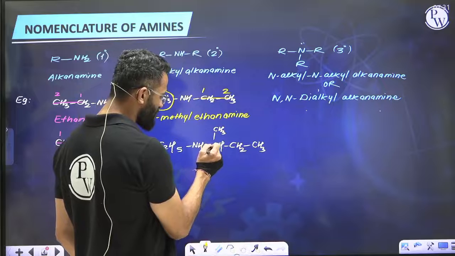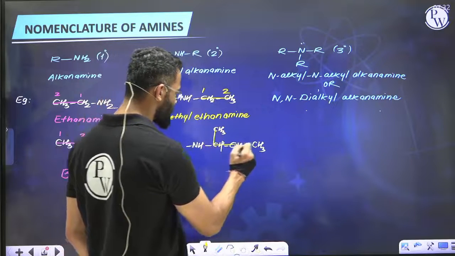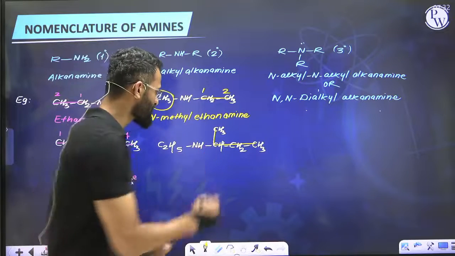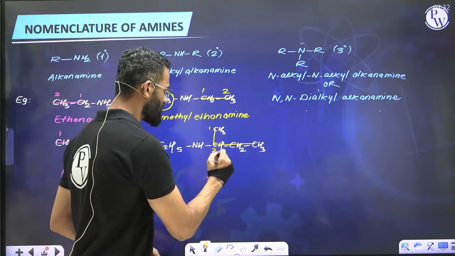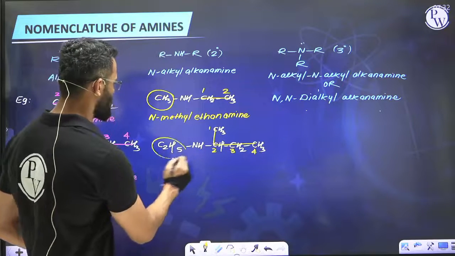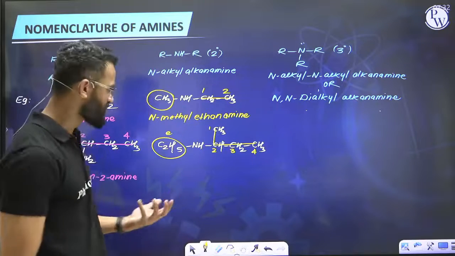So don't directly start from the carbon to which nitrogen is connected. This is going to be your longest continuous chain, indicating the functional group secondary amine is present at the second carbon, 1, 2, 3 and 4, and this will be considered as a substituent, ethyl, present at the nitrogen. So how will you start?